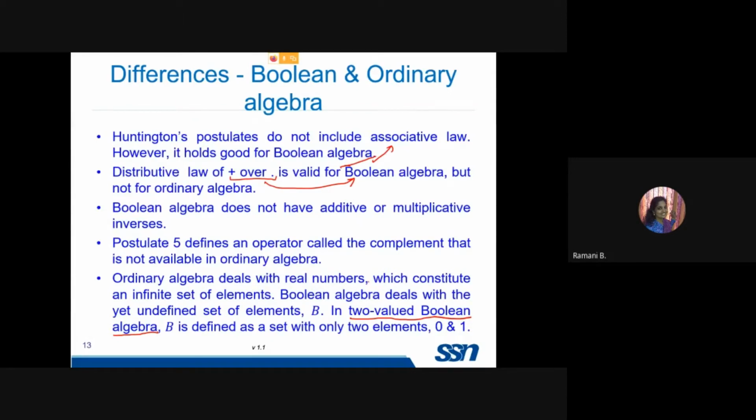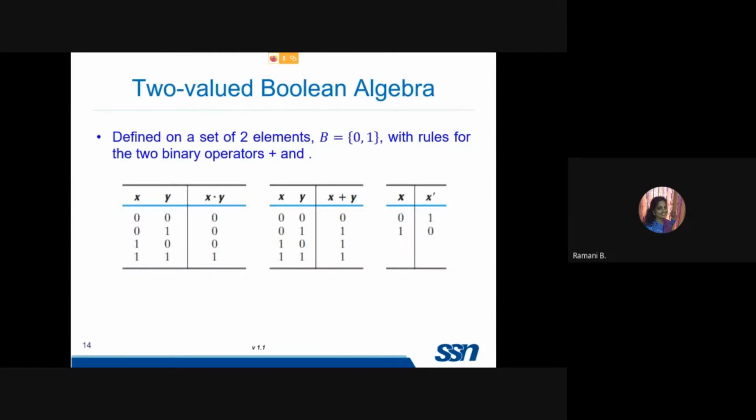So here this two-valued Boolean algebra has only two elements, that is 0 and 1. With respect to this two-valued Boolean algebra, the set of elements is B equal to {0, 1}, and the binary operators are plus and dot. With respect to that, we have given the values over here. If we perform the dot operation of 0 with 0, the resultant is 0.